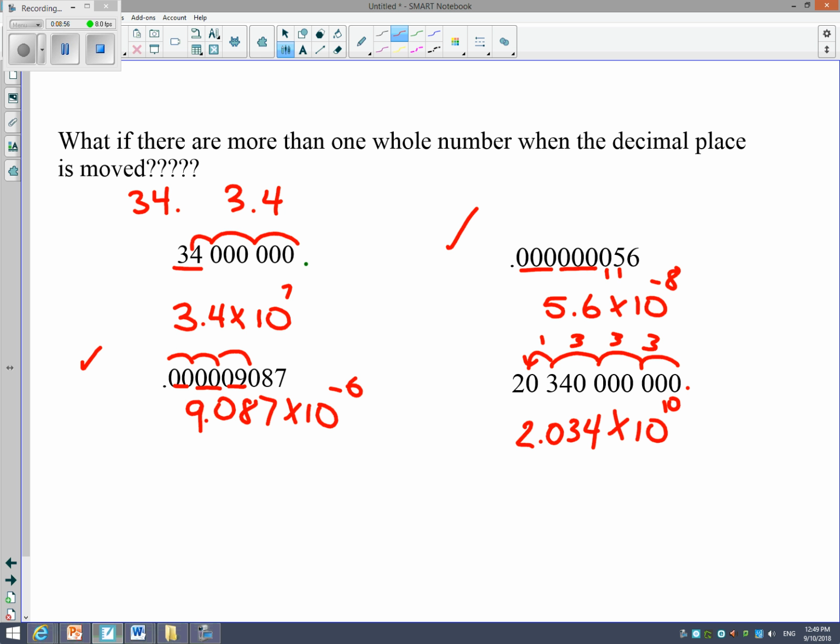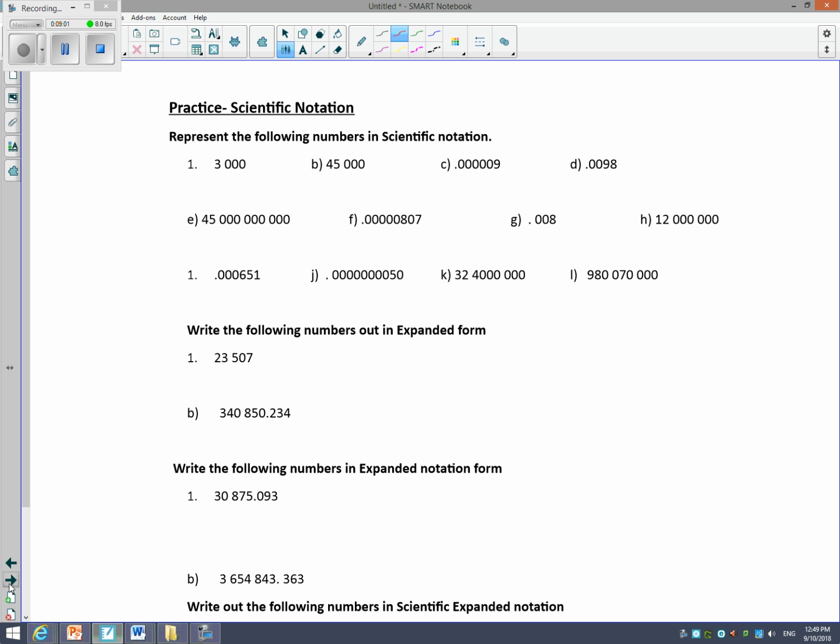Your homework today, or your practice work I should say, brings in a whole bunch of these type of questions, and you just write the answers here. You decide whether it's a very small number or a very large number. You decide whether you're going to represent it with a positive exponent or a negative exponent from all our practice, and then you just write them out.